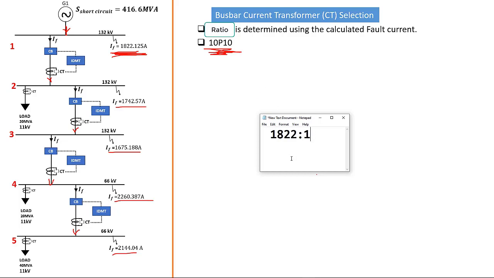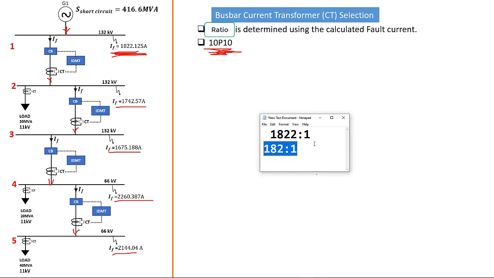Now the 10 will then divide the rated current by 10 to give us 182 with a ratio of 1. So that way you can get a smaller current transformer rather than getting a big one that will take all these turns ratios here. So you're going to get a smaller current transformer.